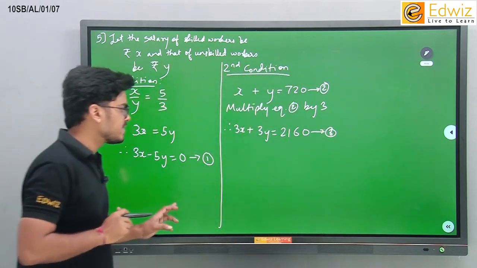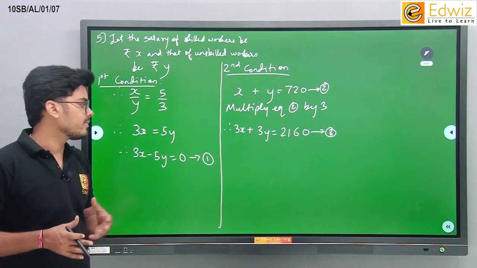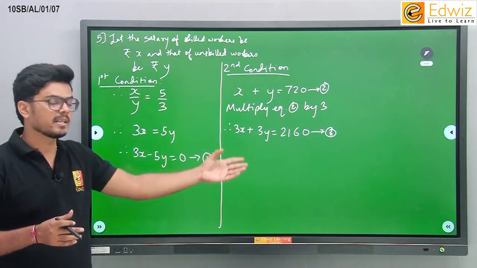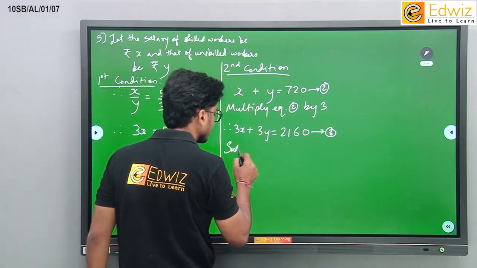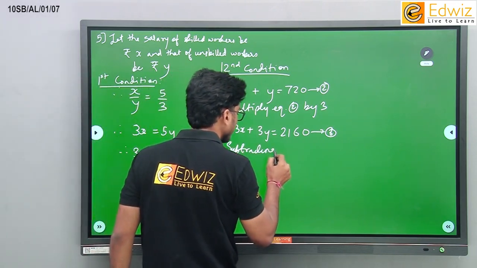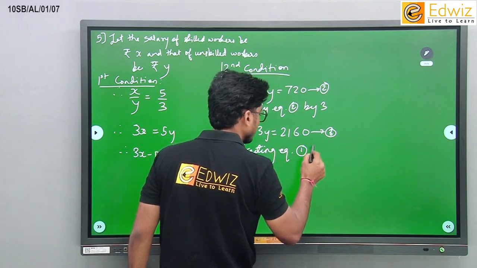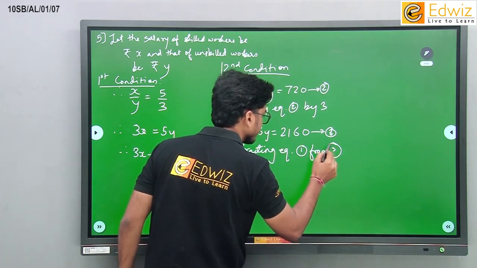Once we make the coefficients the same, to eliminate x, we will subtract equation 1 from 3 or 3 from 1, anything we can do. So let us subtract equation 1 from 3.